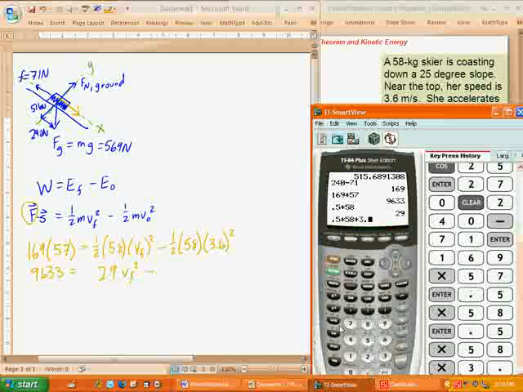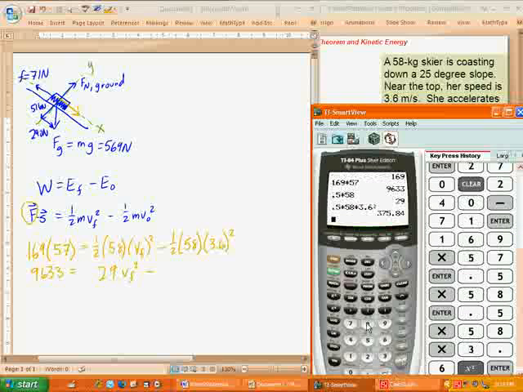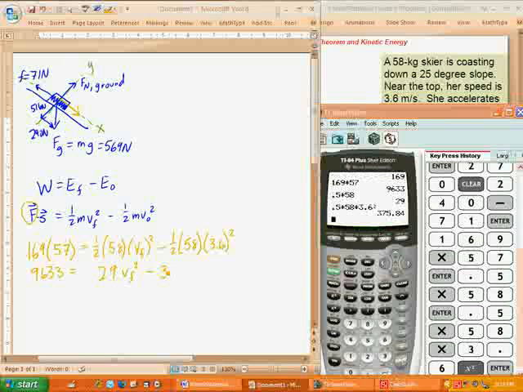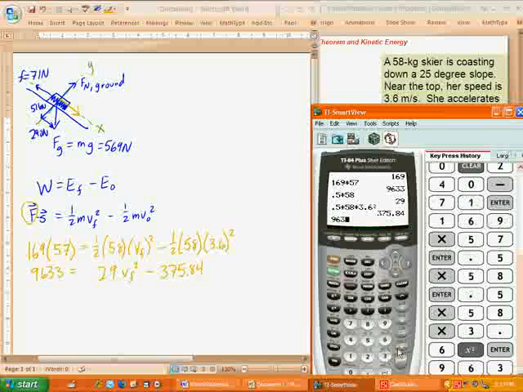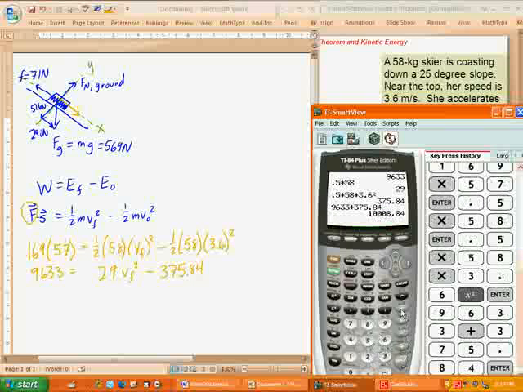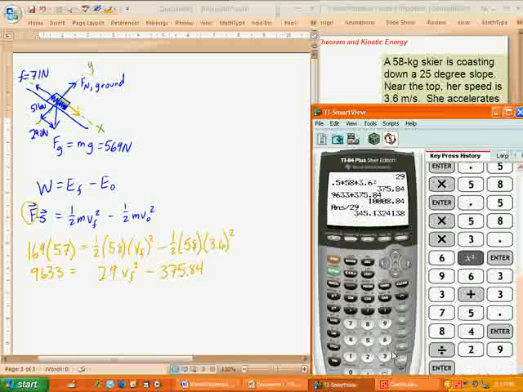So 3.6 squared is 375.84. Now we can add the 375.84 to both sides. We're going to go 9633 plus 375.84, and then we're going to divide that by the 29.